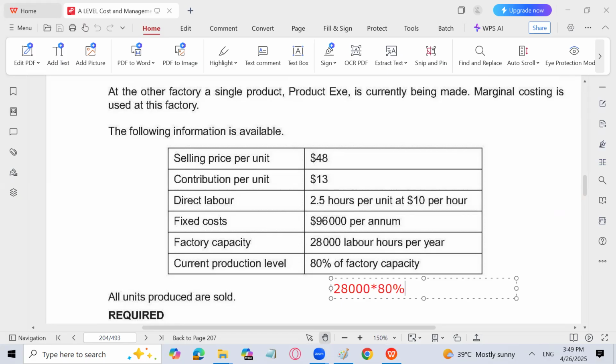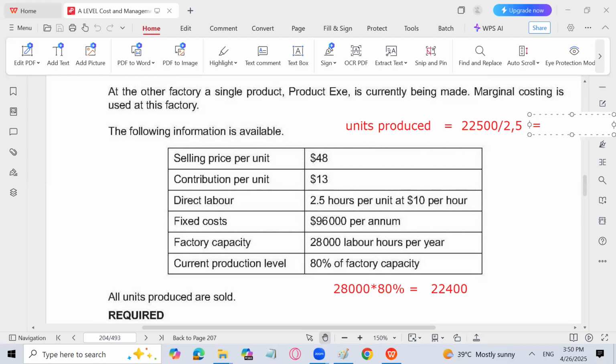So calculate 28,000 into 80%. We are currently using 22,400 hours. And with 22,400 hours, how many units can we produce and sell? On each unit we are taking 2.5 hours, so 22,400 hours divided by 2.5, because each unit will take 2.5 hours, gives the units produced and sold.